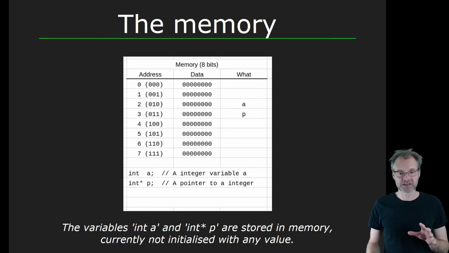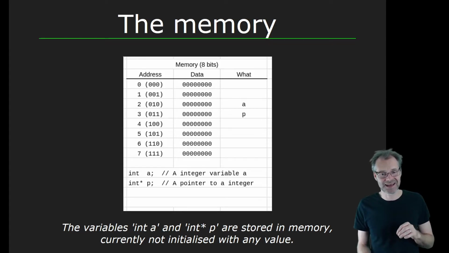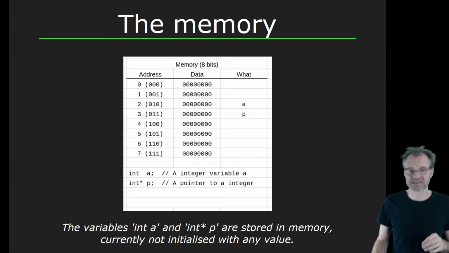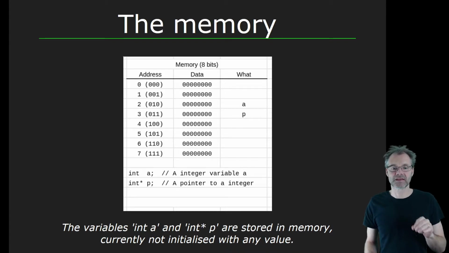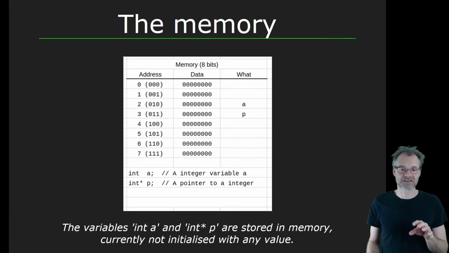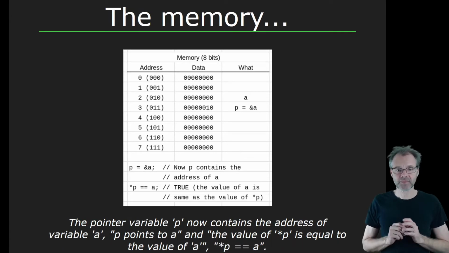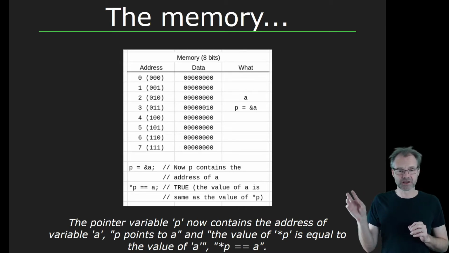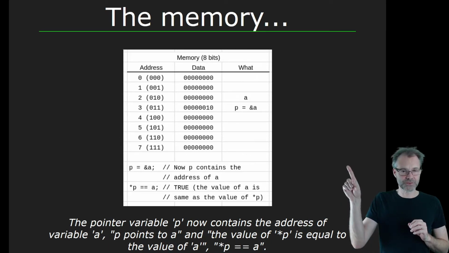And for now, these two variables have uninitialized content, so the data on these memory positions is uninitialized. And then I start to use them. I'm starting first to assign the address of A into P. So we can see there the address of A, that is 2, 0, 1, 0.